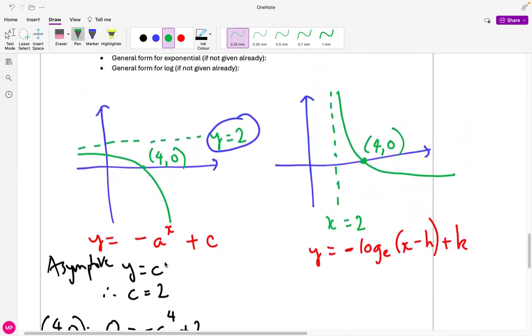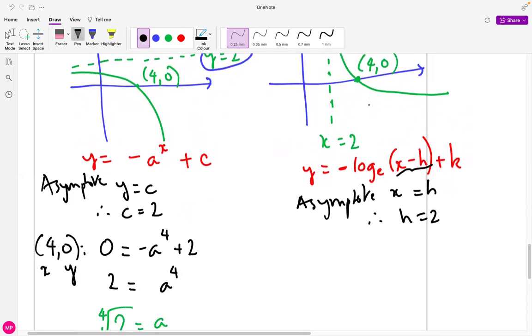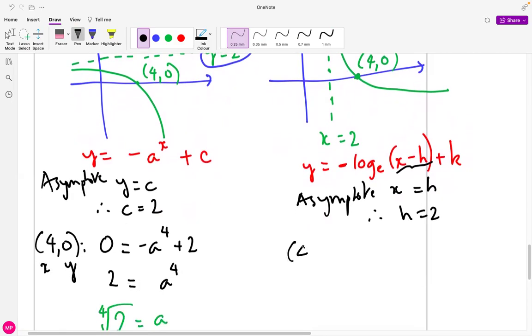Now, we do the same for this side here. Here is a log. As we say, the asymptote for log is x equal h. The asymptote is x minus h equals 0, x equal h. So they give you x equal 2, therefore h equal 2. Again, they give the point 4 and 0, sub that in.